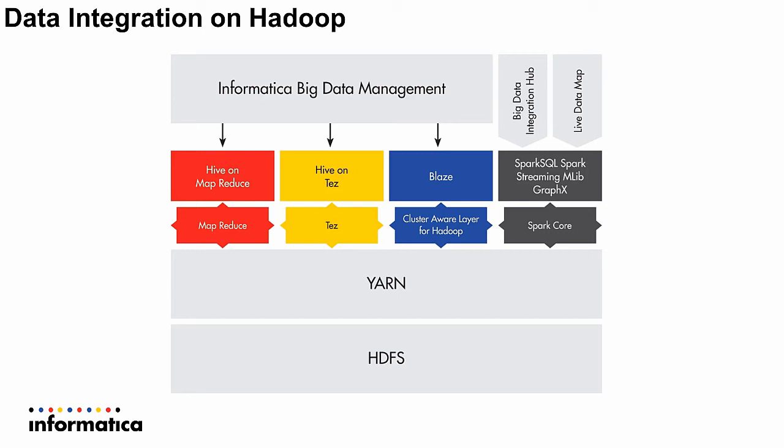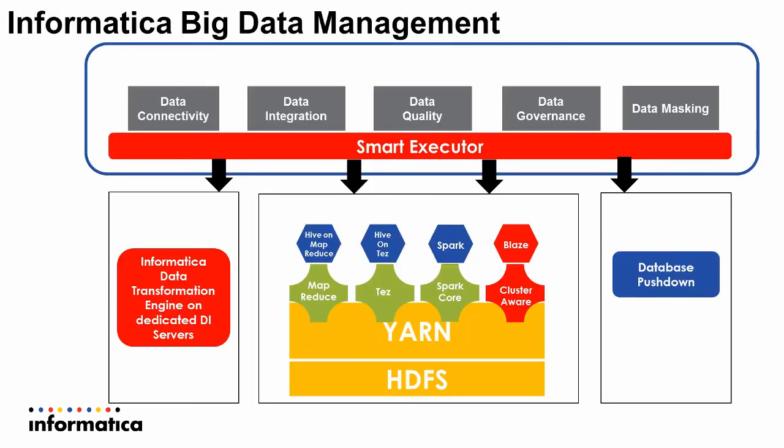So how do we go about supporting all of this? I think one of the neatest features that we released with version 10 is the Smart Executor. The Smart Executor was designed to dynamically determine the best processing engine to execute your workload.